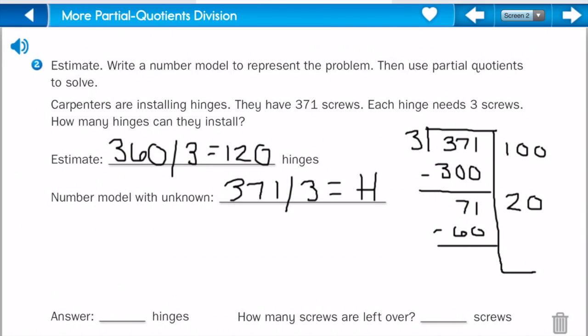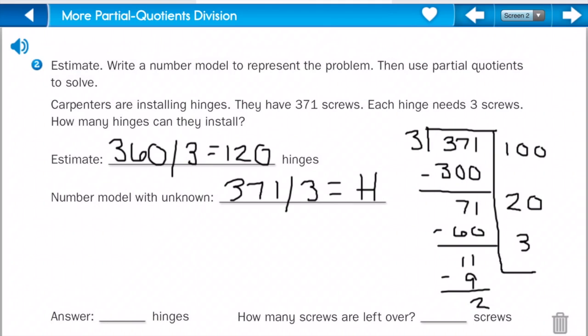And if you want to break it up into smaller numbers too, that's okay. It'll just take you a few extra steps. So I subtract these, I get 11. How many times can 3 go into 11 without going over? Yeah, it can go 3 times. And 3 times 3 equals 9. 11 minus 9 is 2. And 3 can't go into 2, so that's how I know that I'm finished.